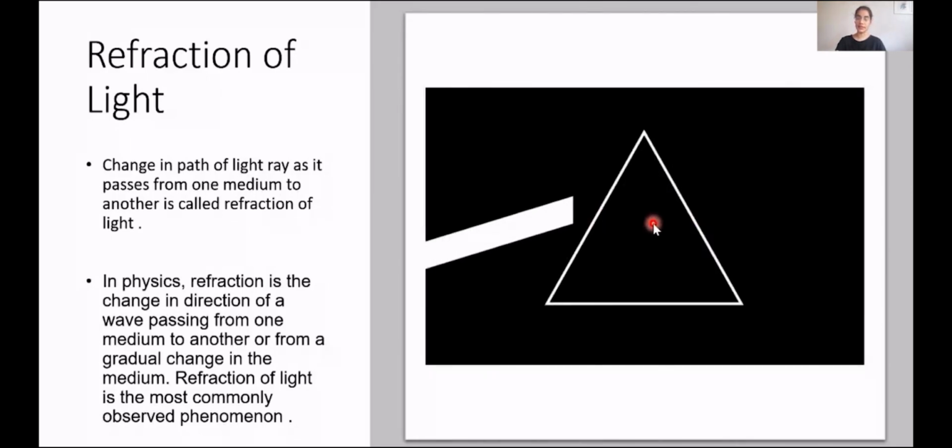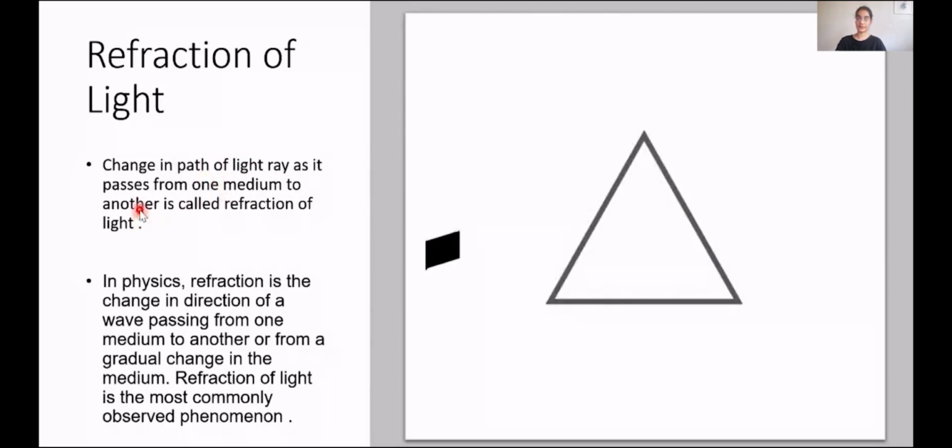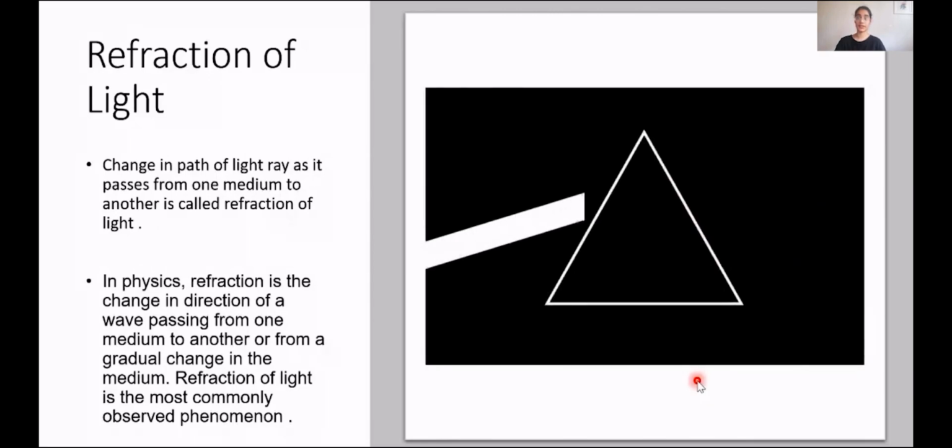So the change in the path of a light ray as it passes from one medium to another is called refraction of light. Actually, refraction is a phenomenon that does not take place only with light waves, it also takes place with sound.